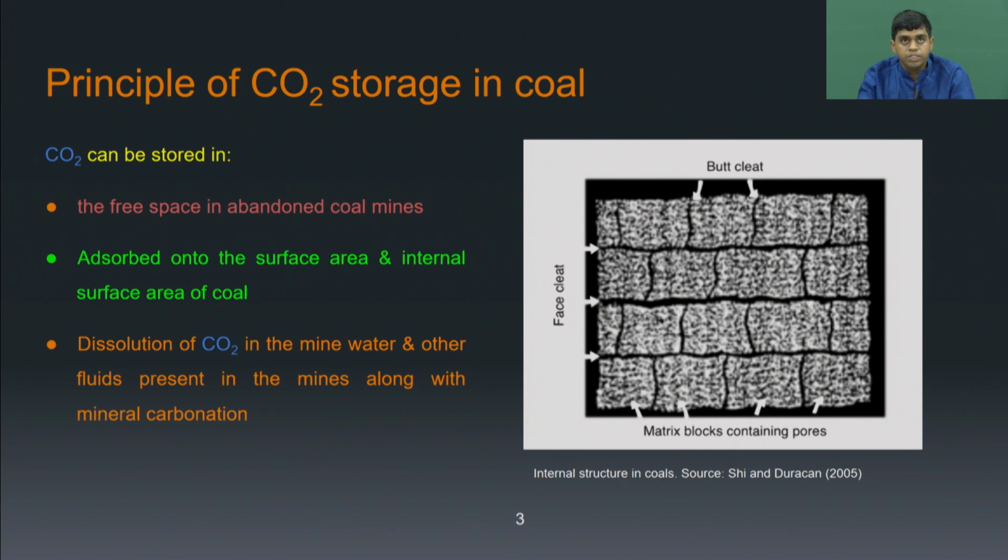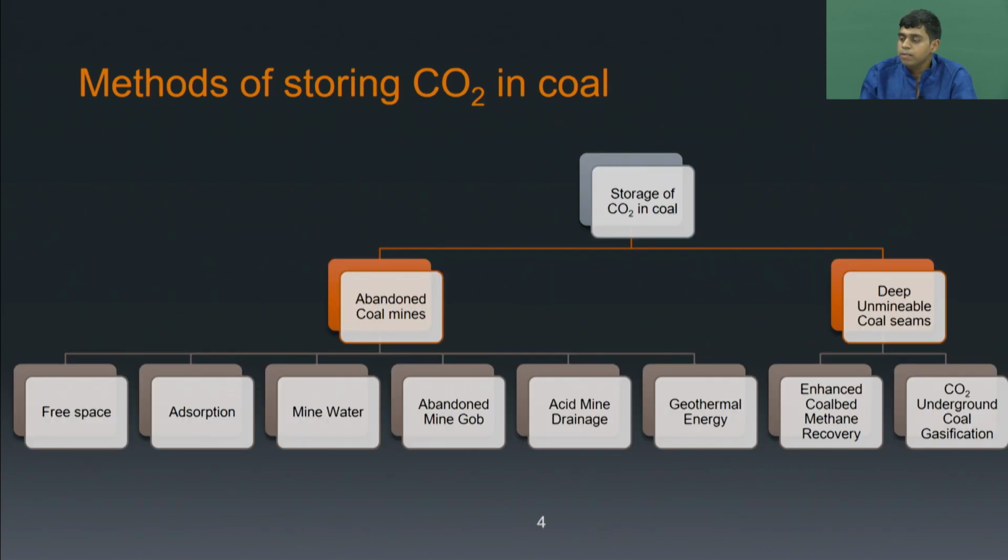Second, the CO2 could be adsorbed onto the surface area and the internal surface area of the coal via fractures known as cleats, which provide a sort of permeability to the coal. The third is the dissolution of CO2 in mine water and subsequent mineral carbonation that can occur from it.